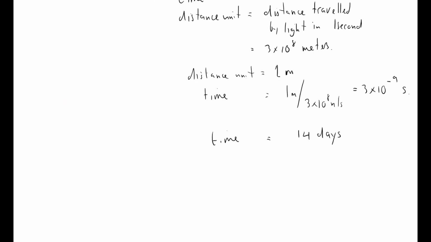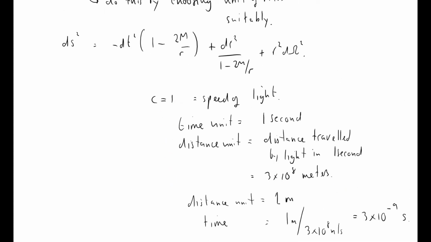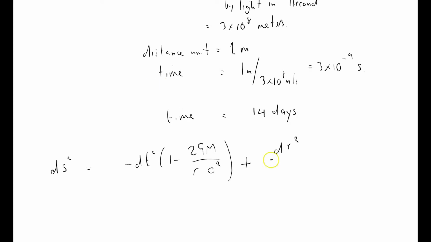So let me just write out the Schwarzschild metric. It's minus dt squared times (1 minus 2GM over r). Actually, I'm going to put the units back in. Plus dr squared over (1 minus 2GM over c squared r), plus r squared d omega squared. I think I might slip up and write an x by mistake sometimes.